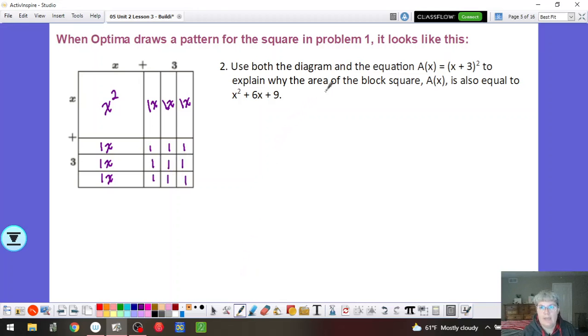So using the diagram and the equation A of x equals x plus 3 squared, explain why the area of the block square A of x is also equal to x squared plus 6x plus 9. It's because in addition to x squared, we have 6 rectangles, each with an area of x.